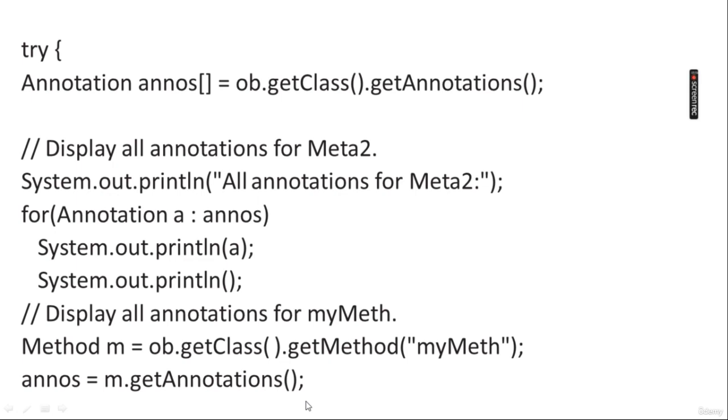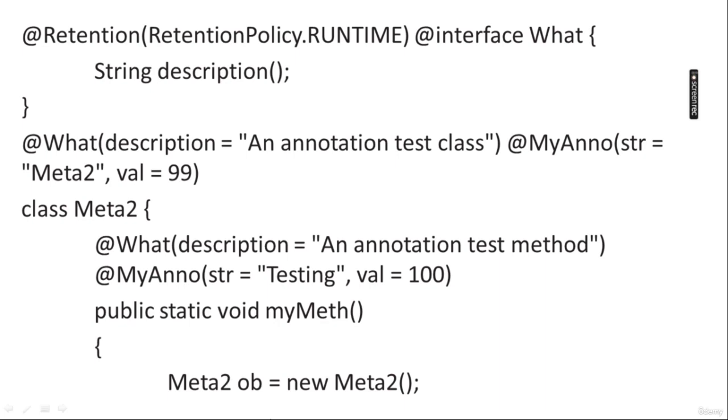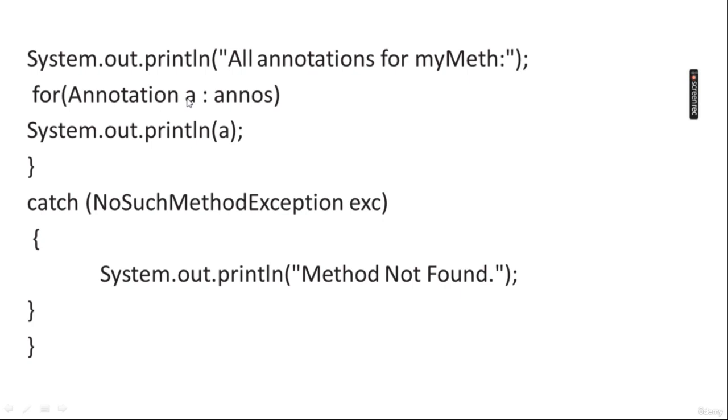Now annotations is equal to m.getAnnotations(). For myMethod I am acquiring annotations here. getClass().getAnnotations() gives me the annotations for the particular class, while m.getAnnotations() gives me the annotations for the particular method, that is myMethod. These are iterated in the same way, like a for loop with int i equal to 0, i less than the array length, i++. Here a is used to iterate like i, and the array is annos. From the annos array, one by one all elements are taken and the annotation values are displayed using System.out.println.